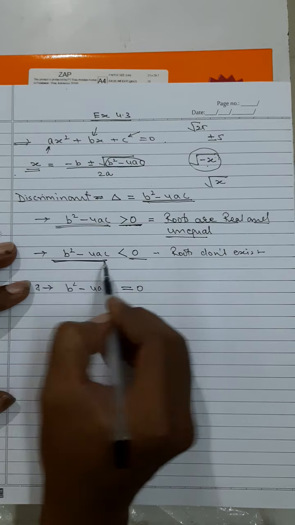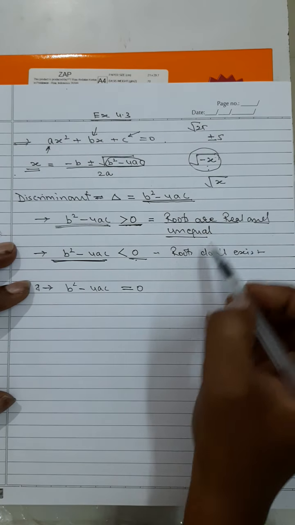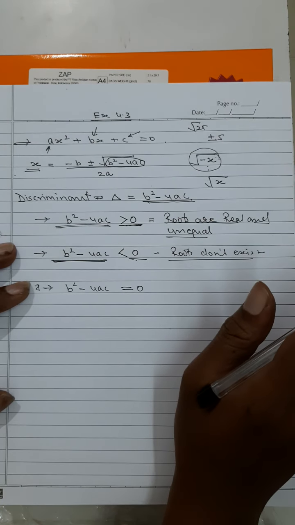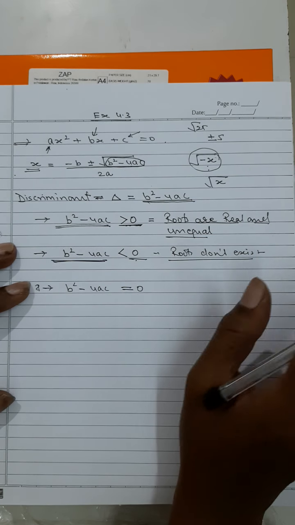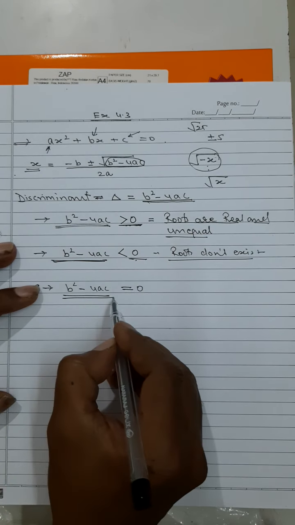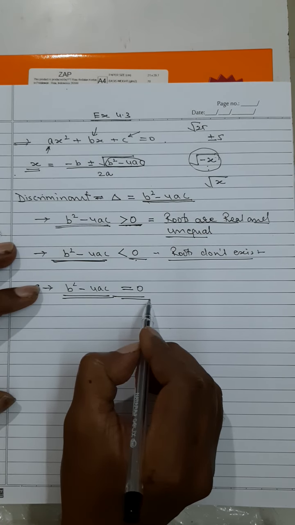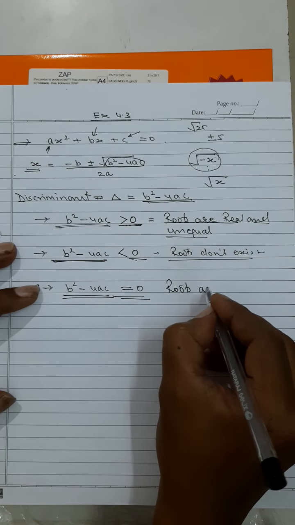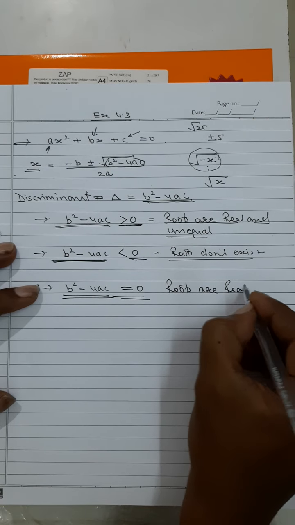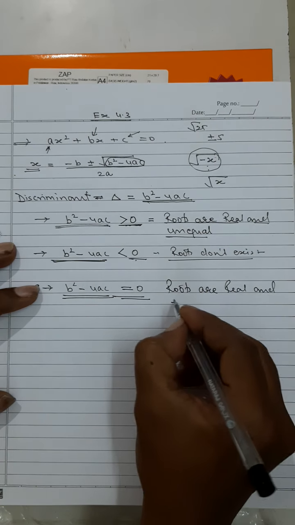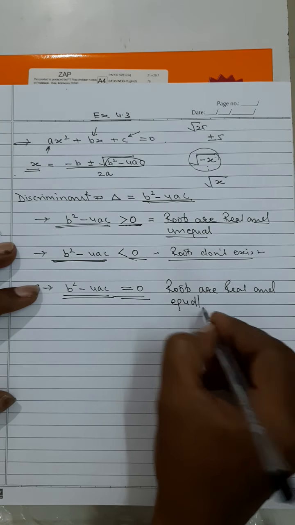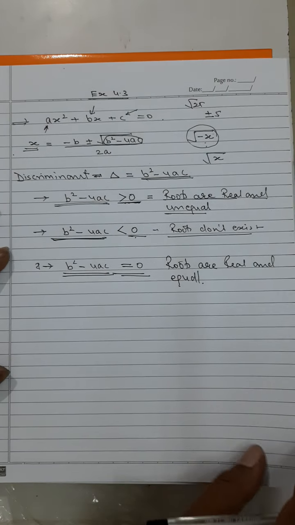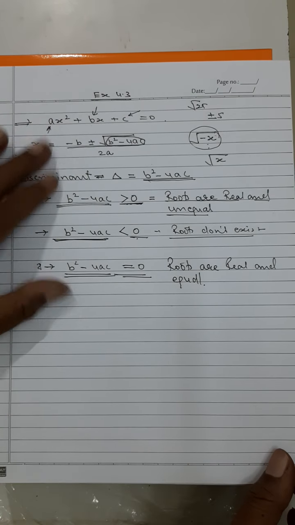If b square minus 4ac is a negative number, then roots are non-real, so those roots don't exist. And when b square minus 4ac is exactly equal to 0, then roots are real definitely and equal. They will be equal numbers. That is what you have to understand, my dear students.